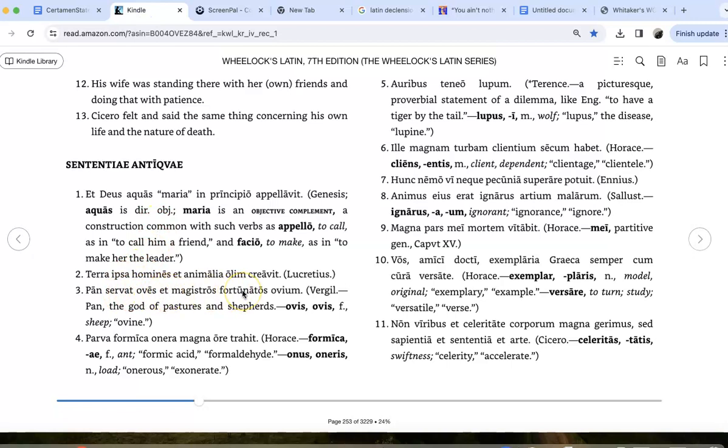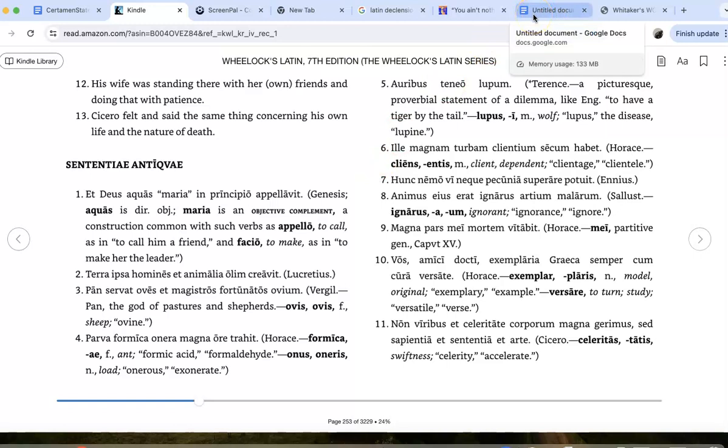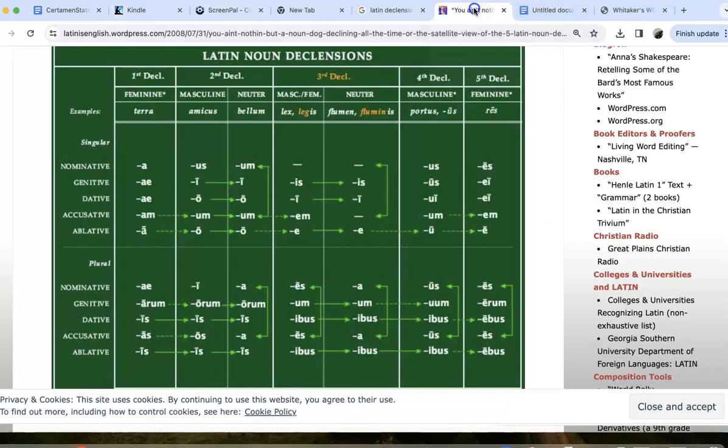And the fortunate masters, if you want to say fortunate owners, that does work, but I would keep it more literal. And fortunate masters, that is second declension accusative plural. Latin likes to put the adjective after the noun, so magistros fortunatos. But then here's one of our I-stem nouns, of the sheep.